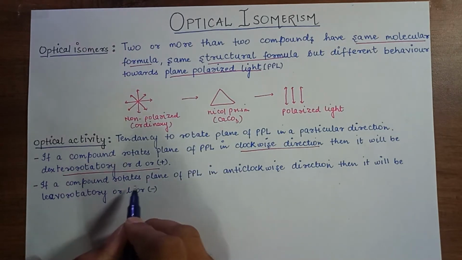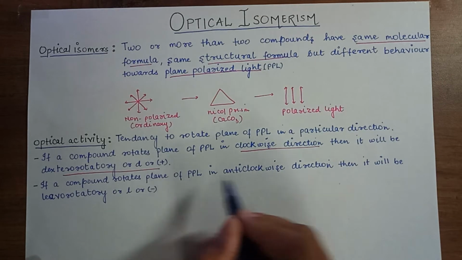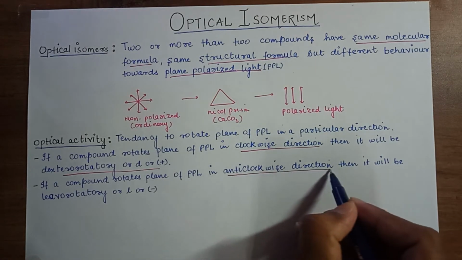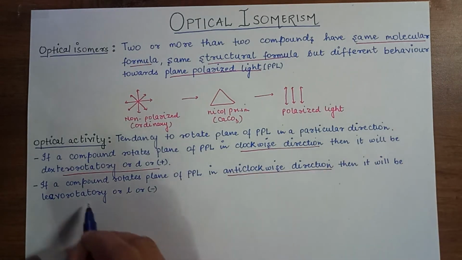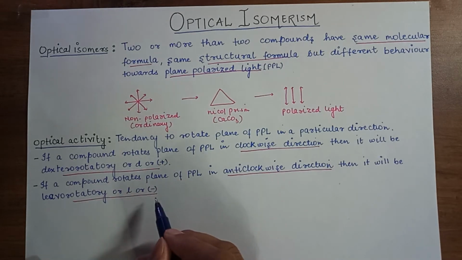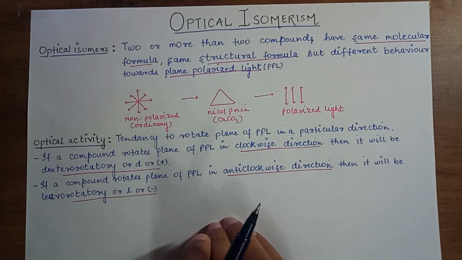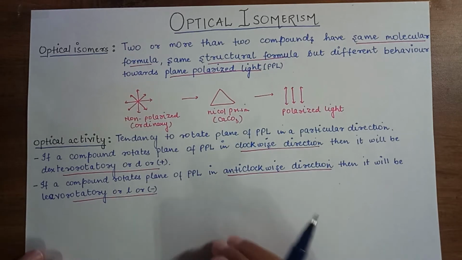If a compound rotates plane polarized light in an anti-clockwise direction, it is levorotatory, indicated by small l or minus. The instrument used to measure the rotation of plane polarized light, and to check whether the compound is active or not, is known as a polarimeter. So we will understand that phenomenon.